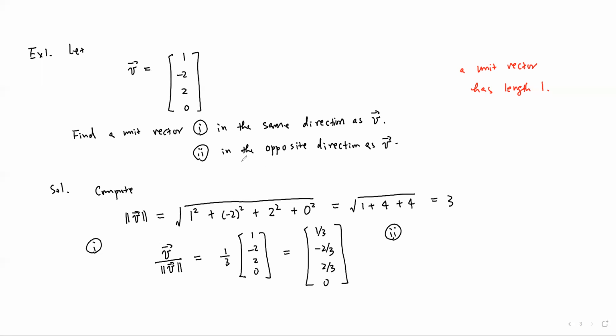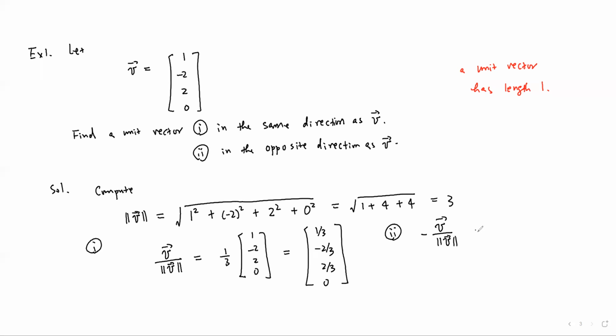Number 2, how to find a unit vector in the opposite direction as the vector V? Let me use this unit vector, but add a minus sign. A minus changes the direction.